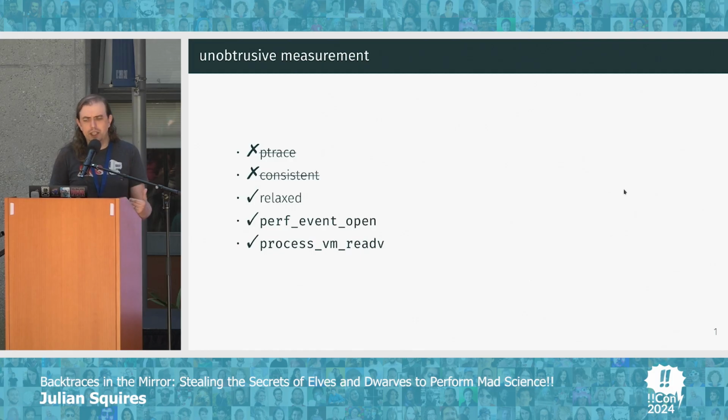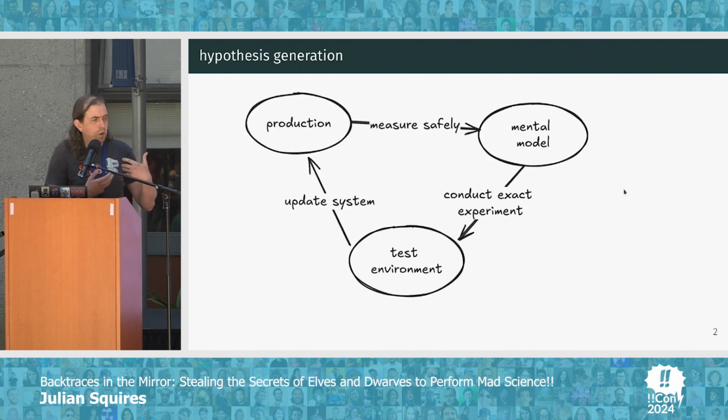So I got interested in relaxations of that consistency and how I could still use partial and inexact information to get useful measurements. There are some great APIs in Linux like perf events and process_vm_readv and others that are super useful for this. And I wanted to advocate for inexact results because I find tools like this have a role not in providing absolute truth, but as hypothesis generators.